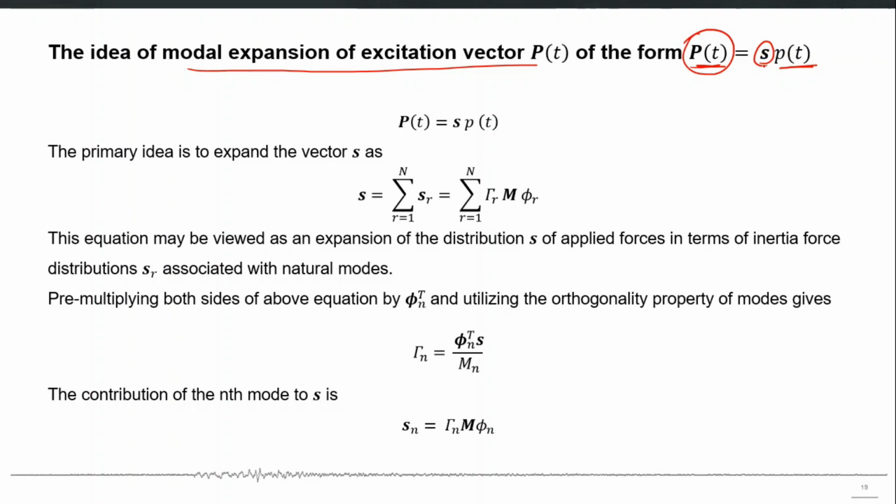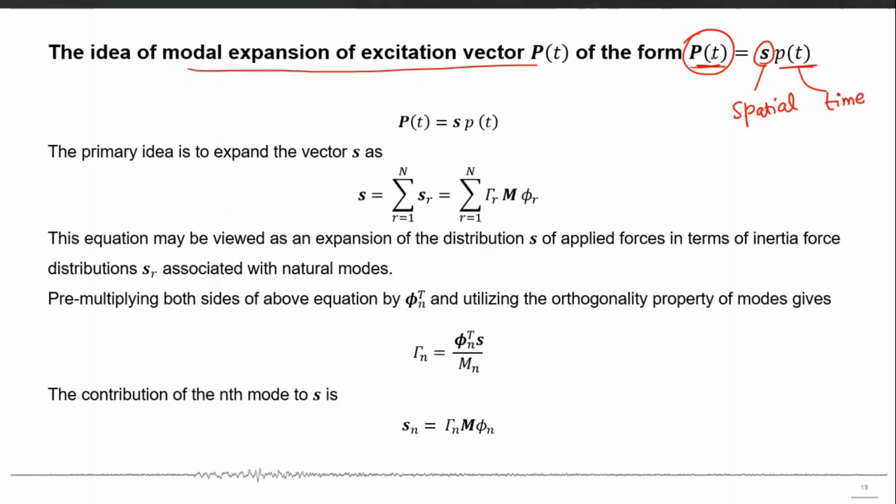One is representing the spatial distribution along the height of the building, and the other quantity is telling us how those forces are varying in the time domain. So this is spatial variation and time variation. These two separate quantities are multiplying to make this P of t.